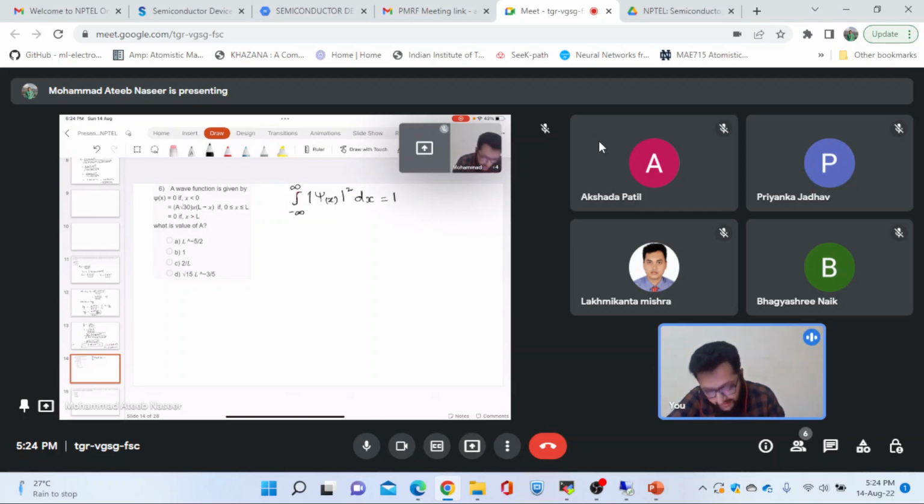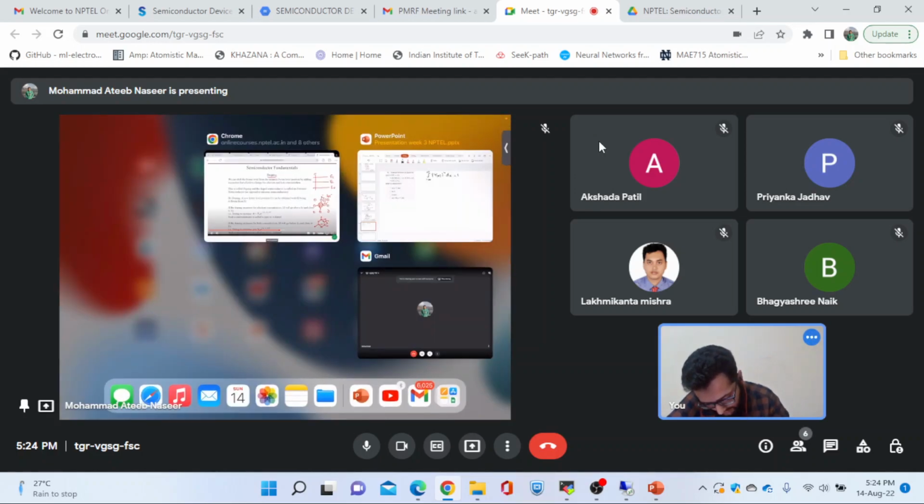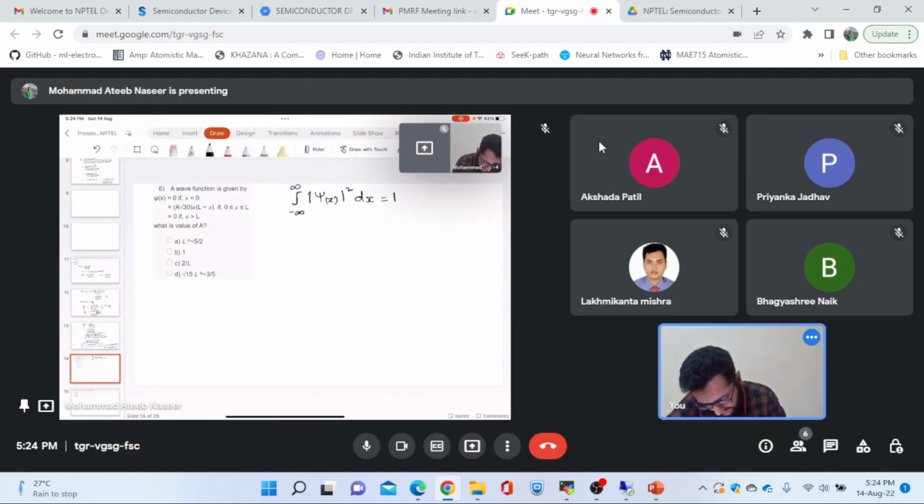Now we know that this wave function exists only between 0 to L, so we will write this as the integral of A root 30 x into L minus x, times its conjugate, which is the expression itself, A root 30 x into L minus x, dx equals 1.